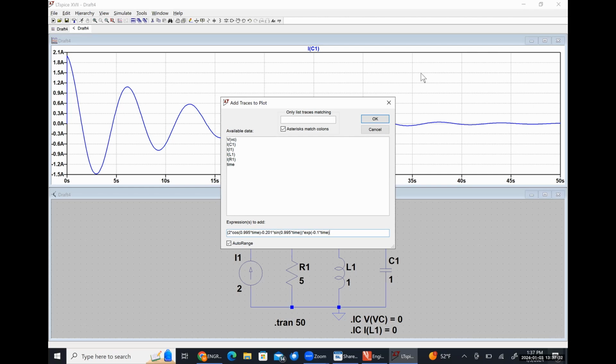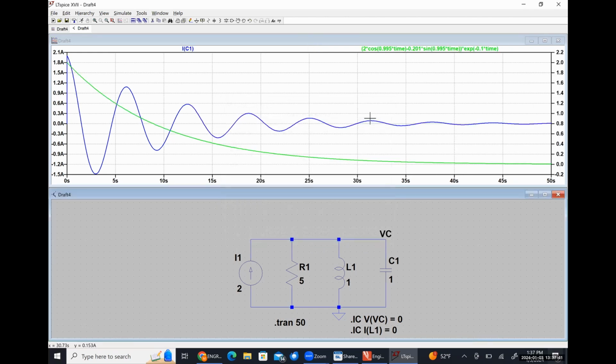Everything seemed legit there. So I said that I've intentionally made a mistake. It doesn't look like I've made a mistake at all in typing this in. That being said, when I press OK, it is very much not what I expect. The mistake that I have made is that I forgot that LTspice does everything in terms of degrees, and omega d is an angle in radians per second.